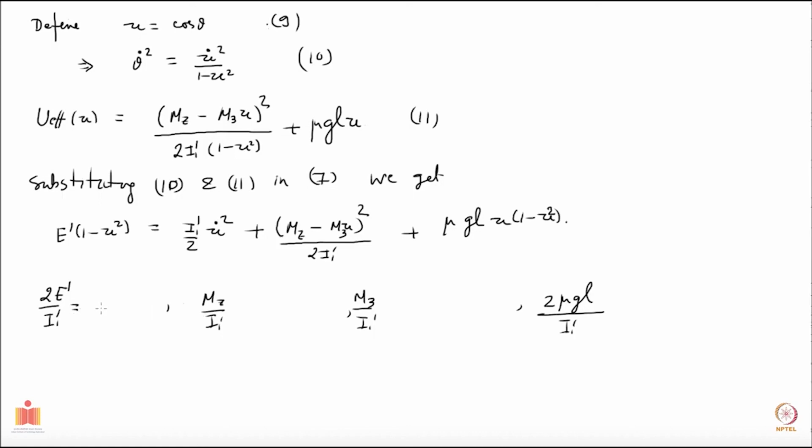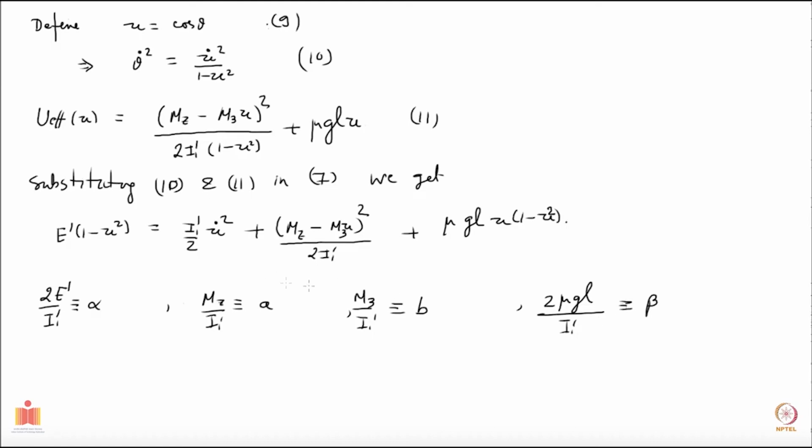Okay. So I will define all these constants to be the following. This is very standard notation. This is alpha. This should have been called beta. mz over I1 prime is called A. Okay, m3 over I1 prime is called B. So these are what I'm defining. With this, my equation becomes the following.